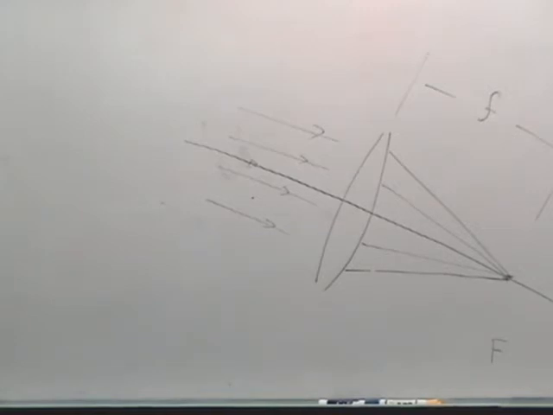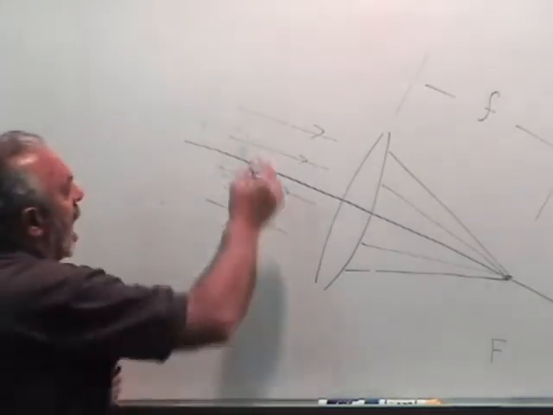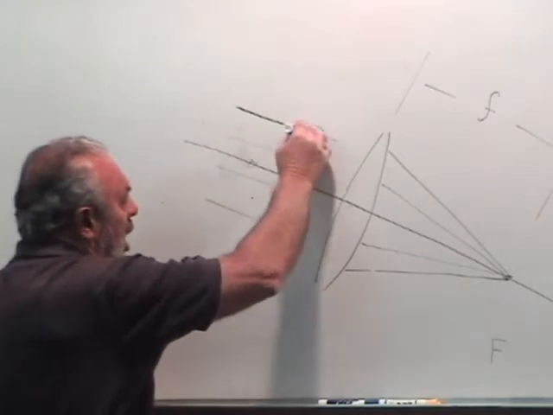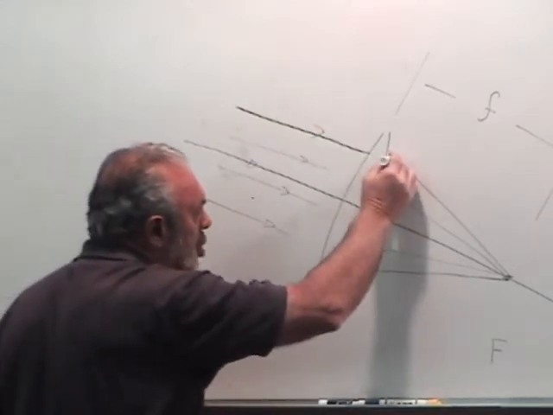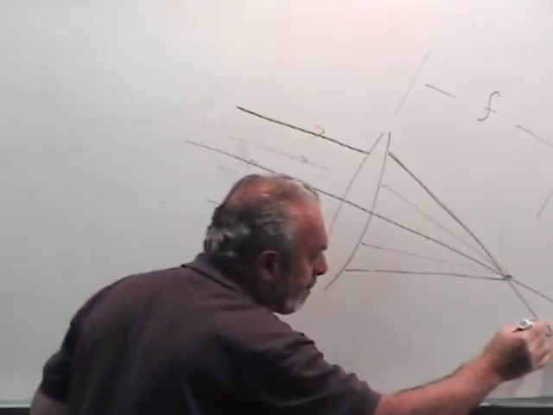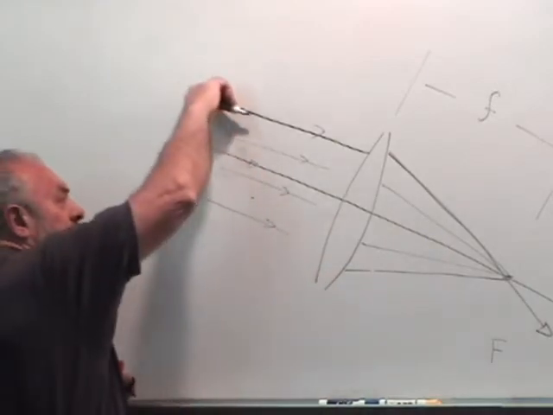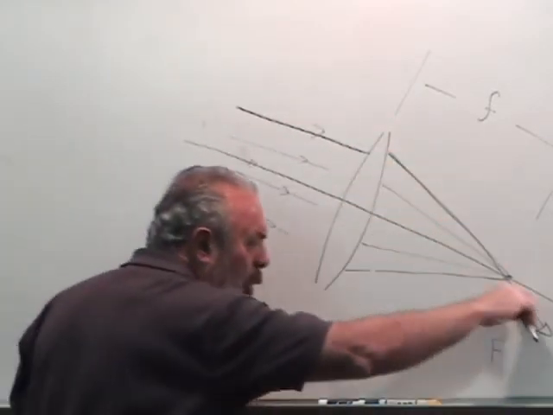The third thing is almost an argument that you simply have to believe until you do the experiment. And that is, it's called the principle of reversibility. That is, if a light ray passes through a lens following one particular path like this, here this light ray is coming in paraxial and is bent through the focal point like that.